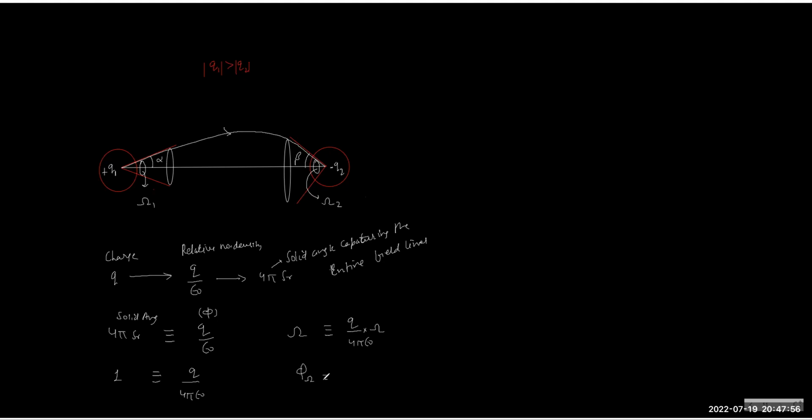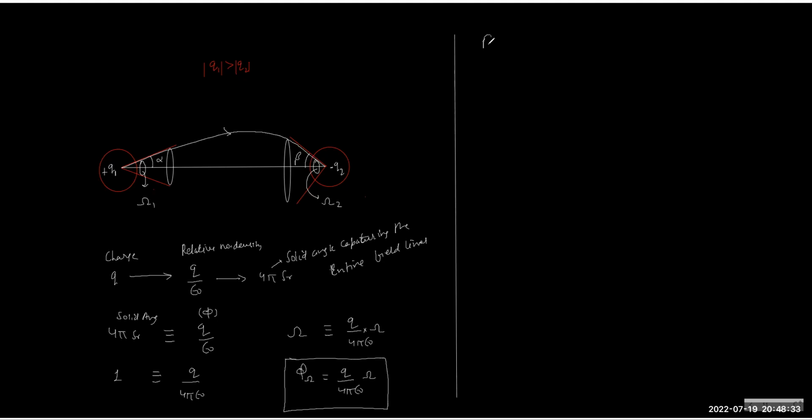In some contexts this is also called flux, but you can think of it as a count of lines of force. As of now, we'll only call it phi. So phi through the omega equals this value. If I know the omega, I can find the phi. It's pretty easy.